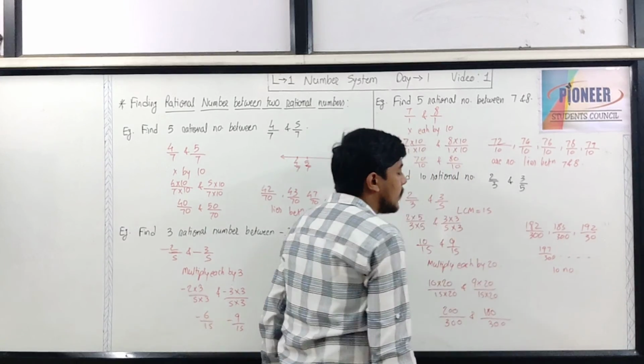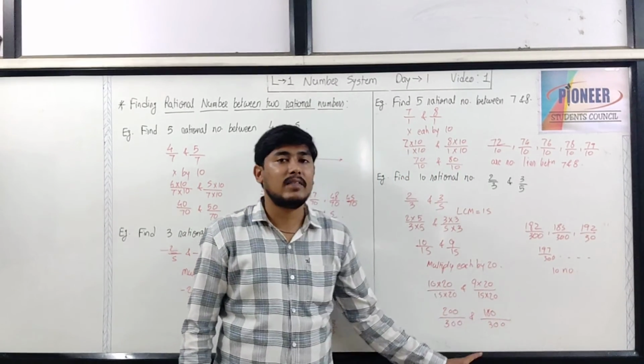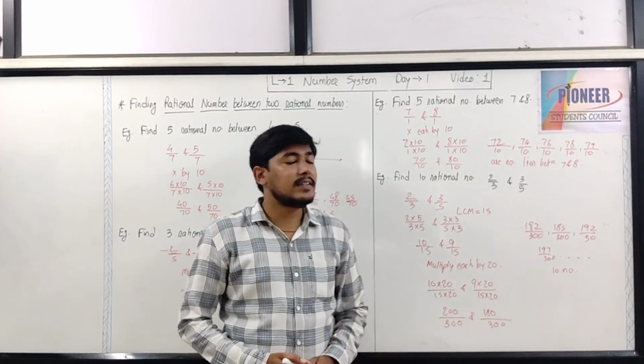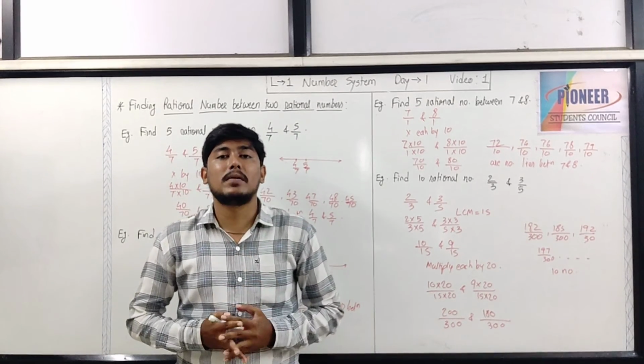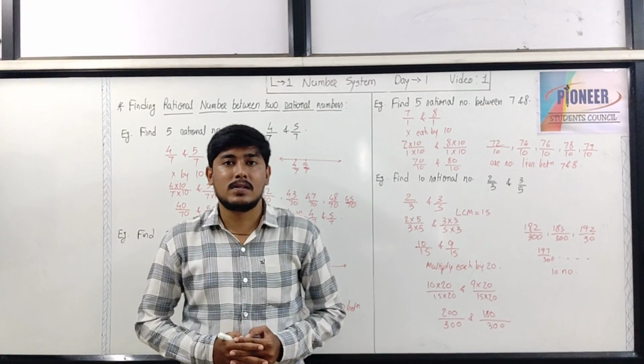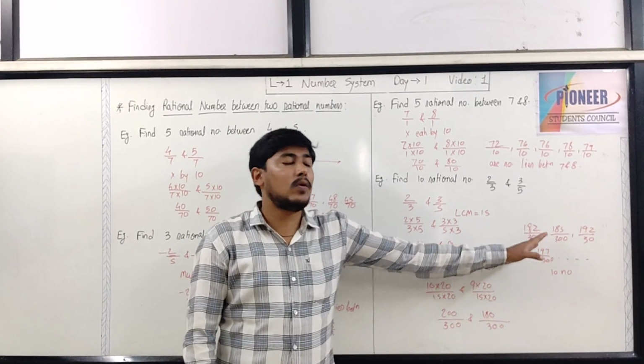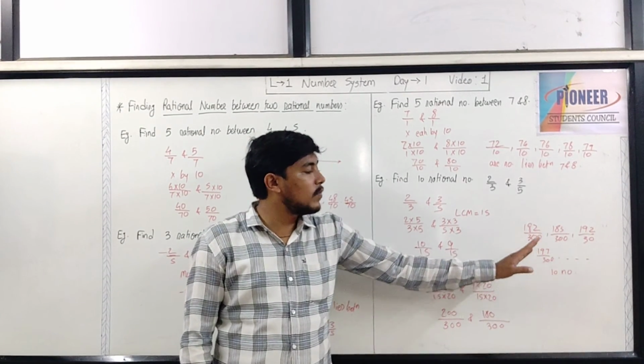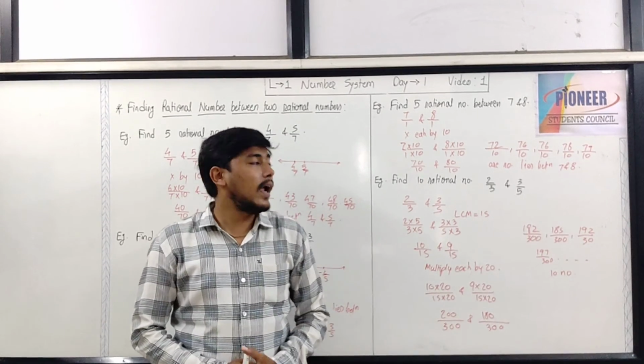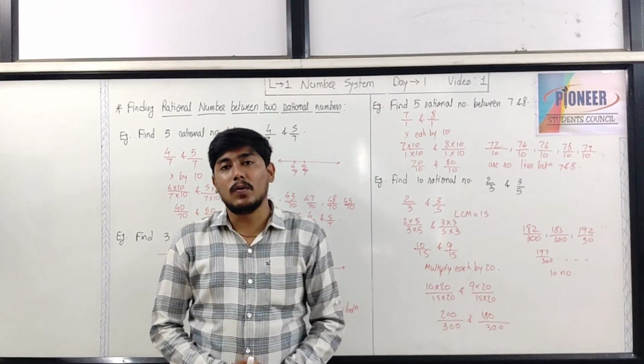How many numbers? 10 numbers between 200 and 180 you have to write. And this is how we will find rational numbers between two rational numbers. Okay, so guys, complete these, write more. I have written 4 numbers, write 6 more numbers and solve it on your own.